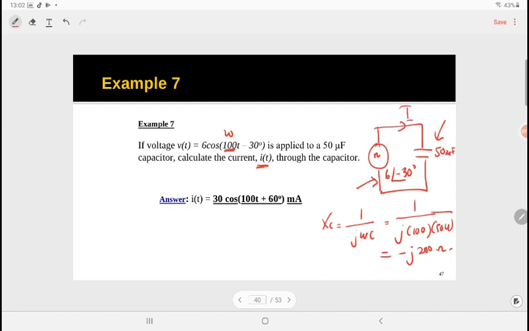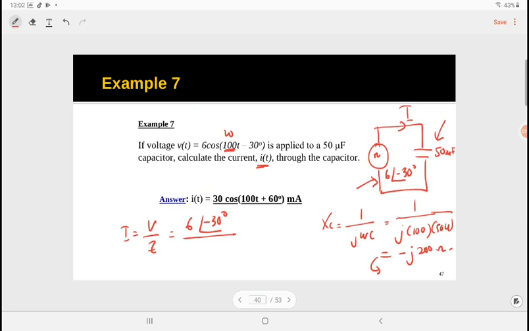So therefore you can calculate the value of I over here. Using I equal to V divided by Z, where V is 6 at negative 30 degrees, and Z is negative j 200. Okay, so you can convert this into polar form.